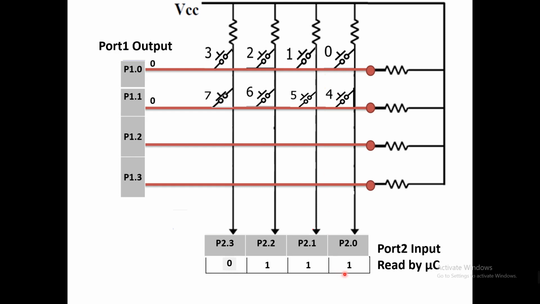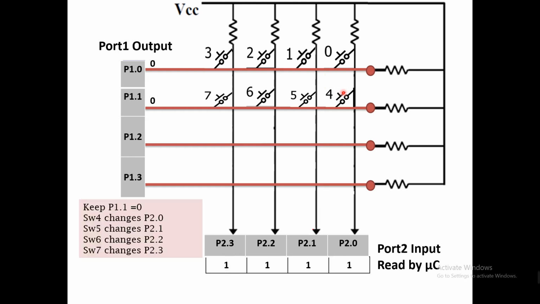If this is 0, we can say that one of the switches along this column is pressed. But this is not enough. We want to know, at least for this scenario, whether the 0 switch is pressed or the 4 switch is pressed. So this is the next task, and I will try to explain this one now.